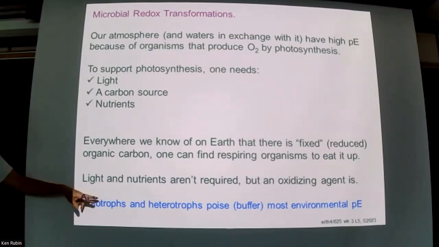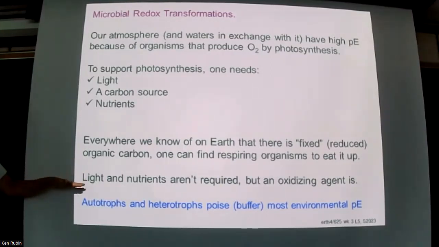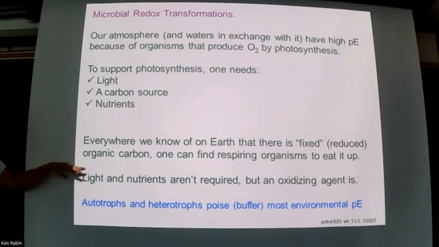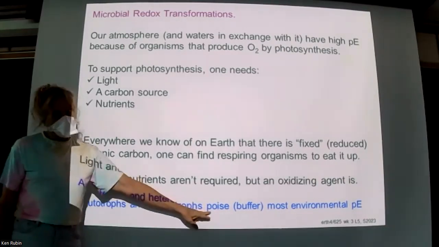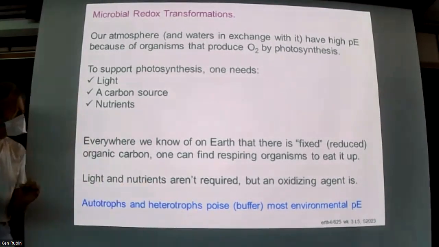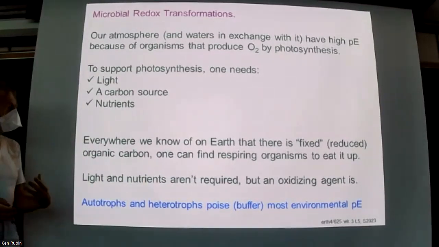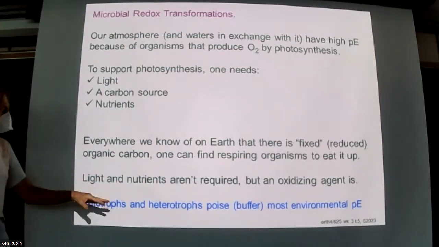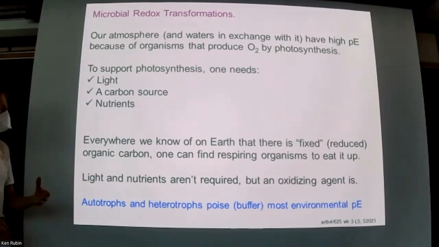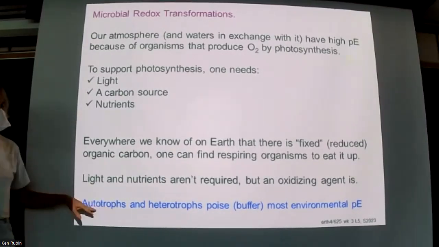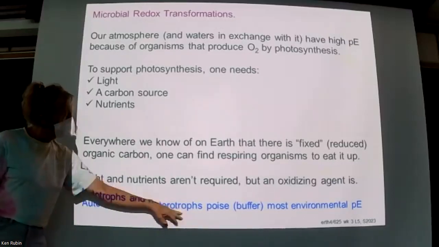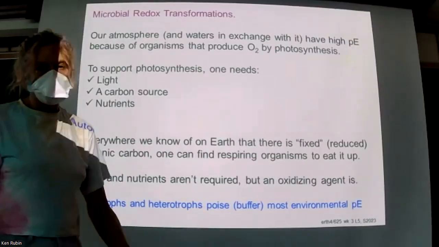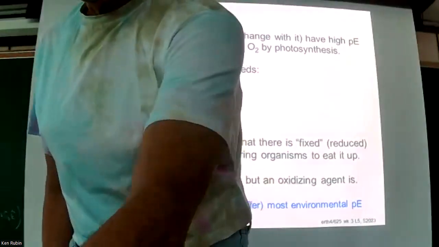In the case of the surface of the Earth, where we have photosynthesis, the presence of oxygen is poising the system at a certain value. And importantly, that is happening by the competing and collective cumulative action of the photoautotrophs, the photosynthesizing organisms, and the heterotrophs, the respiring organisms, such as ourselves.